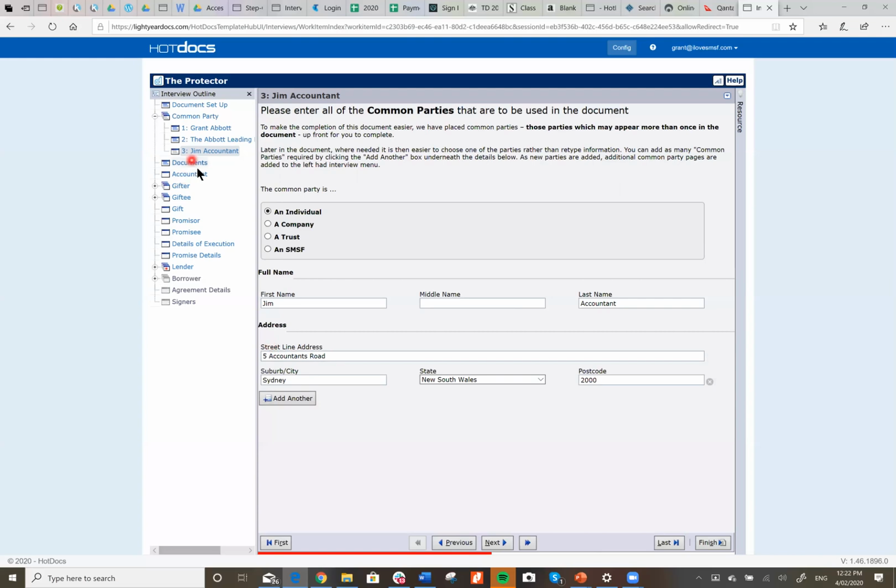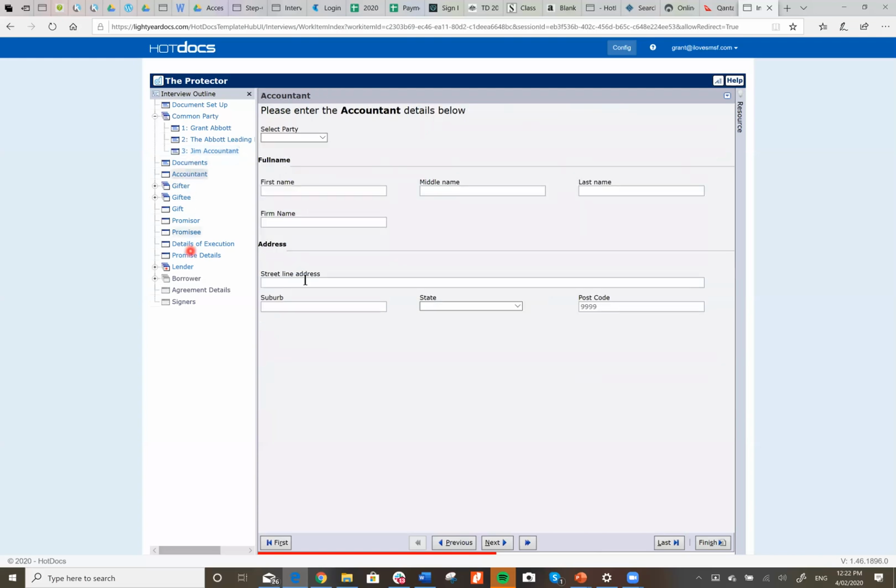Then when I come round to the accountant, I could put that in. It follows all that through, the firm name, so it could be Jim's accountant, and that's going to pop up in the solvency certificate.